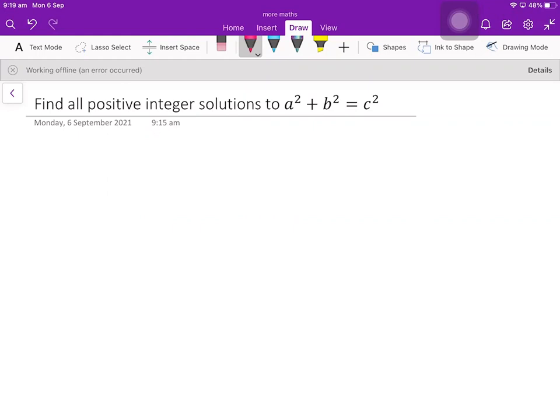Okay, so what I'll start by doing is first I will factor out the greatest common divisor of a, b, and c. So I'll let d equal the GCD of a, b, c.